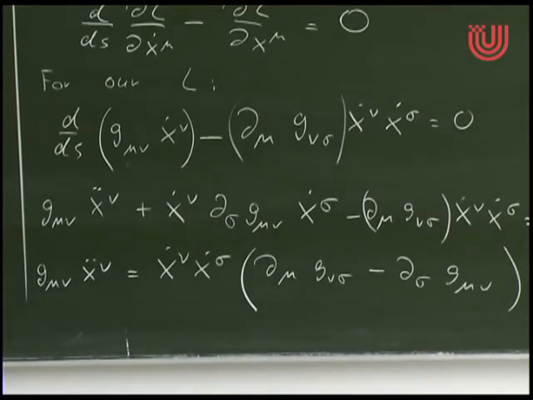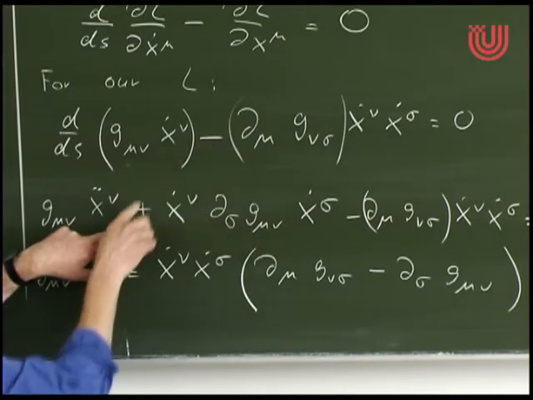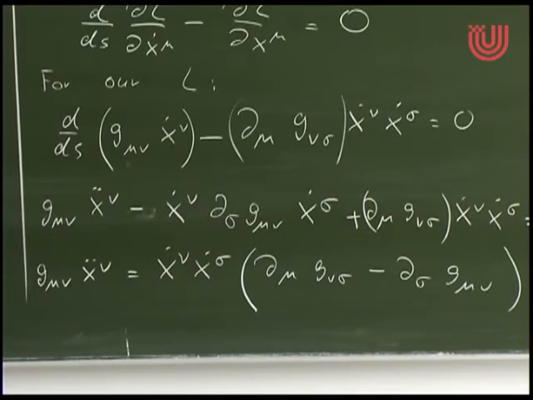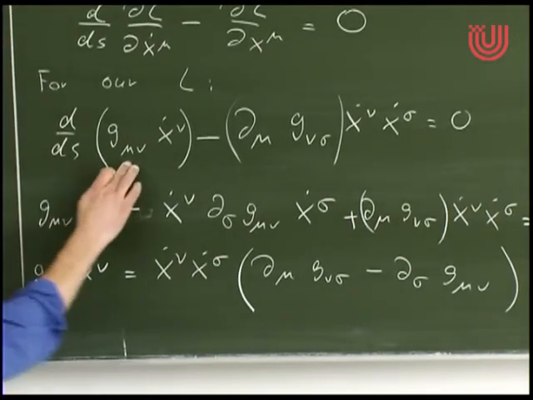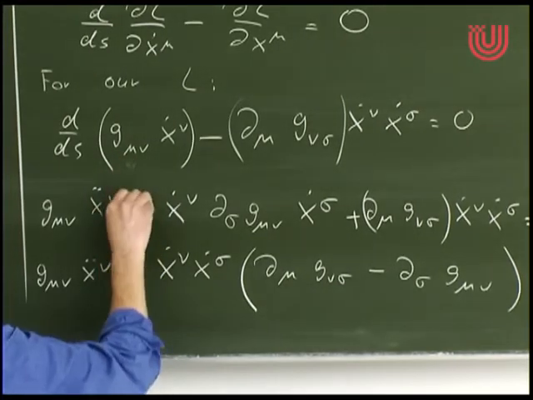Oh, I got a sign mistake. Where did I make a sign mistake? Just here. Look, there was a minus sign. I forgot this minus sign. So this becomes a minus, and this becomes a plus. Okay? No, what am I doing? No, sorry, this comes from this term. This was nonsense. No, this was correct.